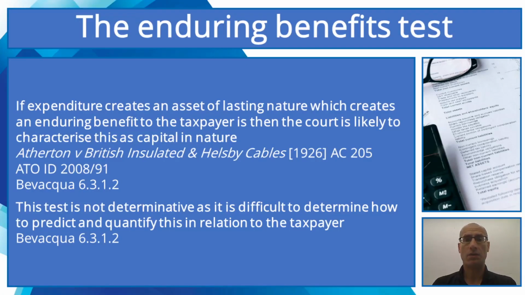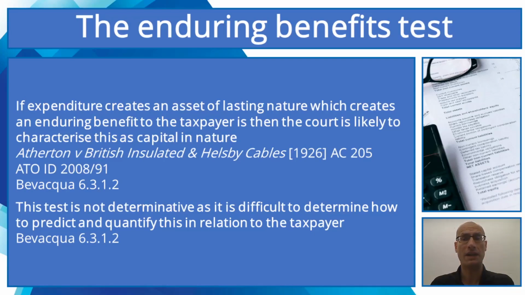The second test the courts use is the enduring benefits test. So there the court looks at a particular amount that's been outlaid and basically analyzes it to work out whether there's a continuous ongoing benefit to the particular taxpayer. And arguably this is an actuarial exercise. However, like a lot of actuarial exercises, it does require a fair amount of guesswork.